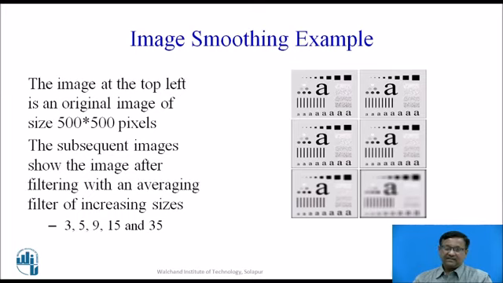We see that as the filter mask size increases, we get a blurring effect and the image is too smoothed. So you should take care of the size of the filter mask. If the original image is more blurred, then we can go for a larger filter mask size. Otherwise, there is no need; 3 by 3 will work.